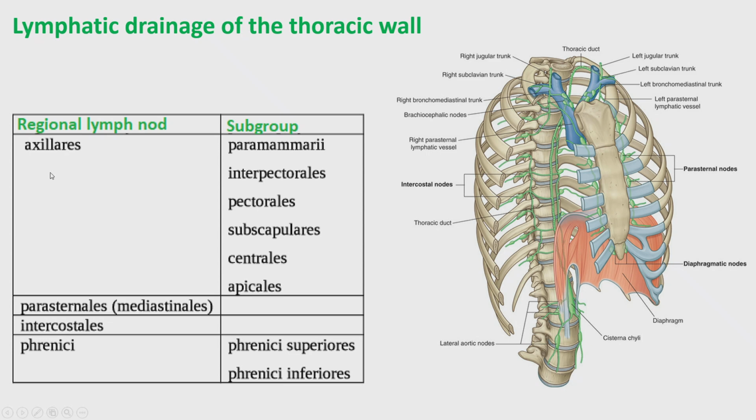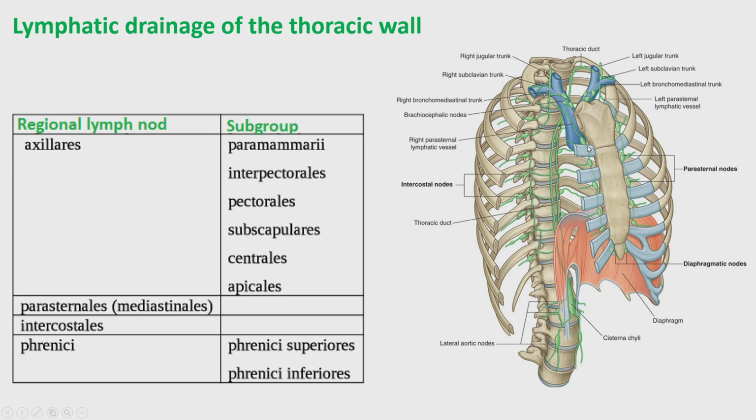We talked about the very important 5 groups, or some books write 6 groups, of the axillary lymph nodes that are very important and crucial for the lymphatic drainage of the breast. That also we are repeating, and we said it before.